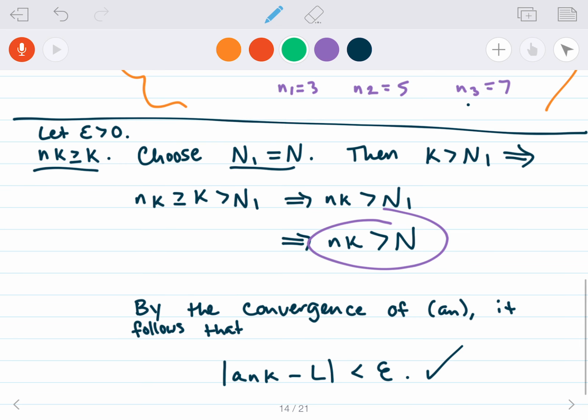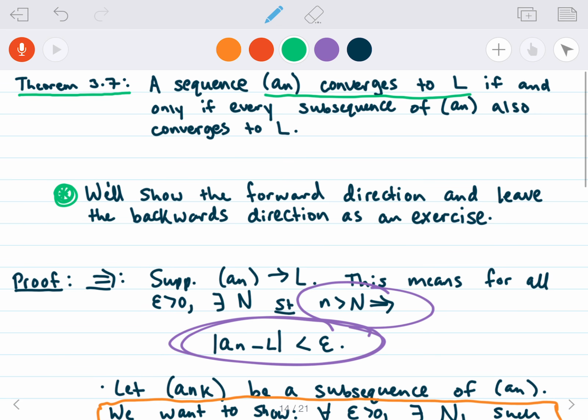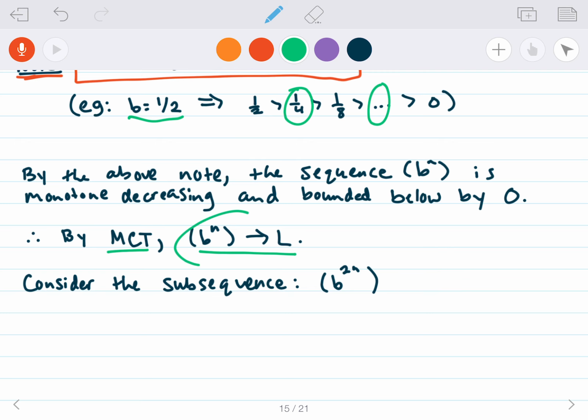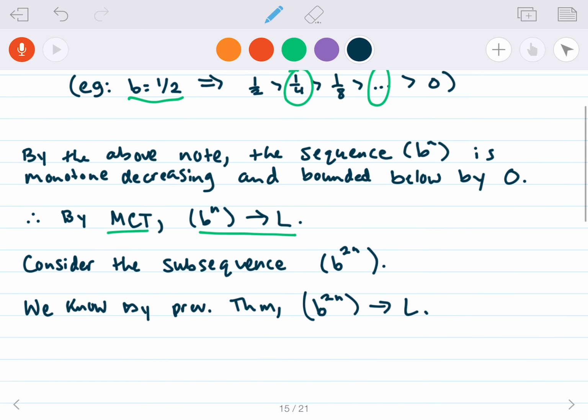So remember, by our previous theorem, a sequence converges to a limit L if and only if every subsequence also converges to L. So, since b to the n converges to L, we know that its subsequence b to the 2n also converges to L.